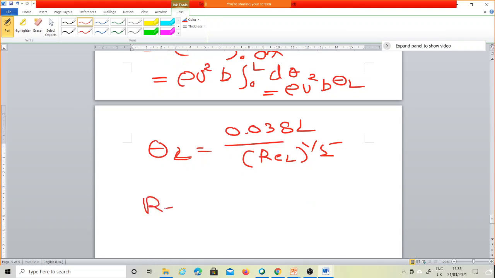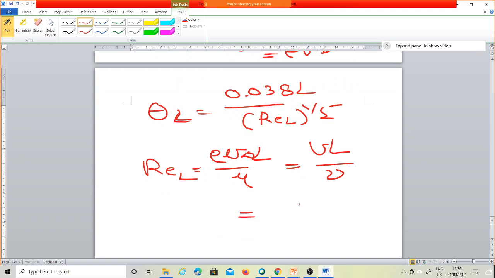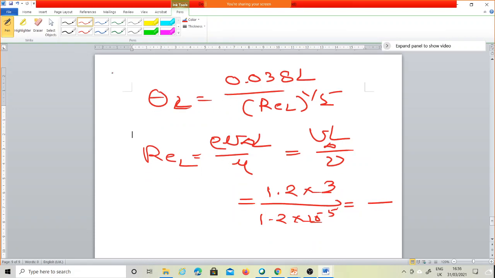We know Re_x. So Re_L should be rho U infinity L by mu, or you can write it as U L by nu. So your velocity, sorry, it is U infinity, right? U velocity is given 1.2, and then length is given 3, viscosity is given 1.2 times 10 to the power minus 5 or something, whatever it is. So you just get the value of Re_L, put the value here, and you already know L is 3.